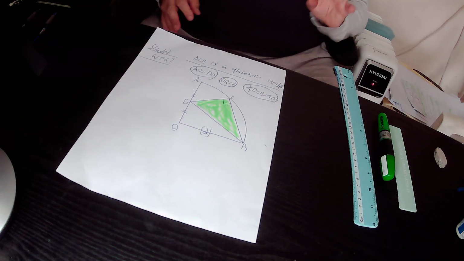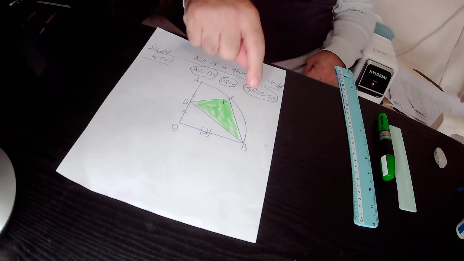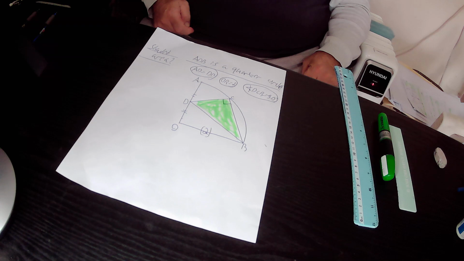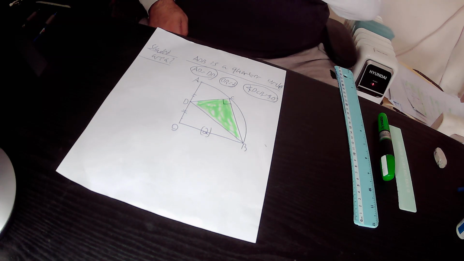Our task in the first question was to find out the area of this green shape. Actually, we found out the area of this green shape by using two different methods.